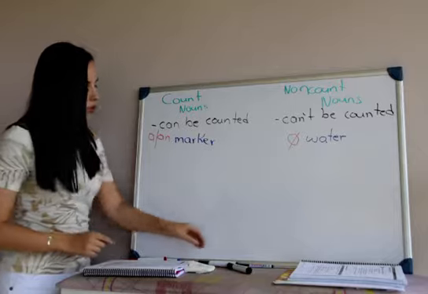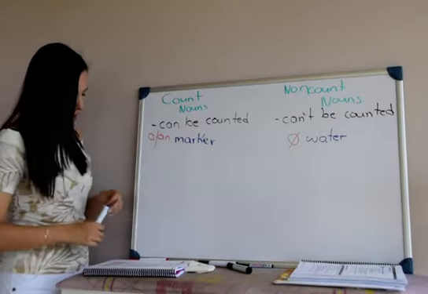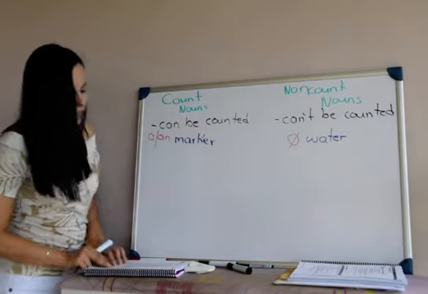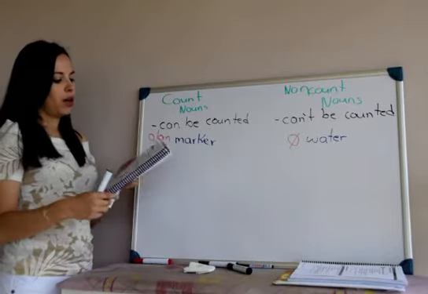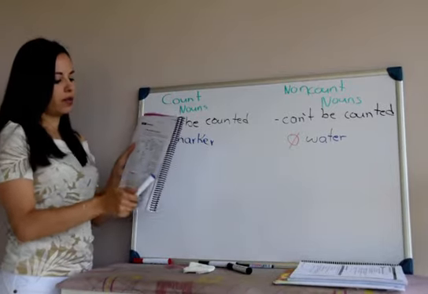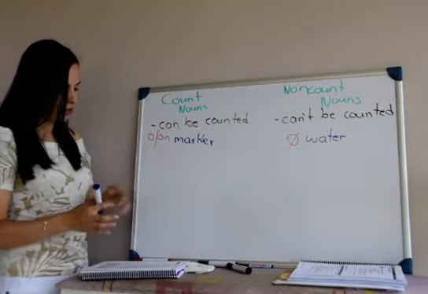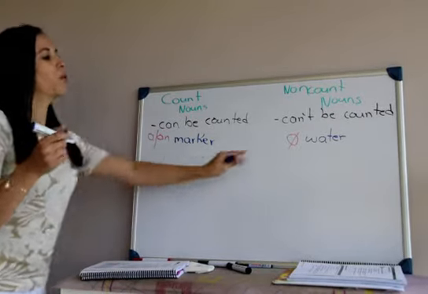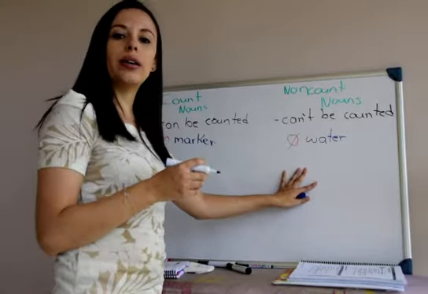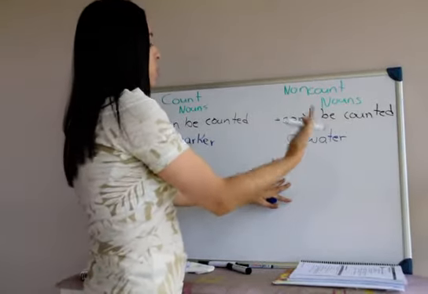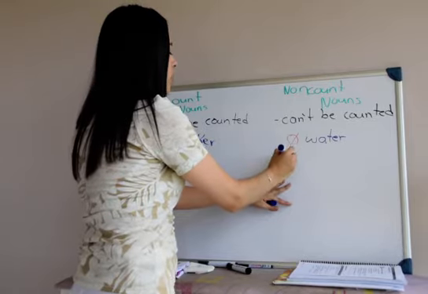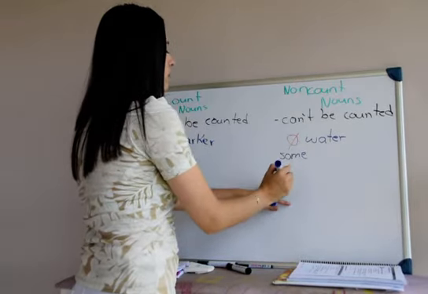What we can use are the quantifiers. In your book, on page 81, you have a chart with the count and non-count nouns and also quantifiers. You can go to check them and see this information. So, with the non-count nouns, what we can use are quantifiers. Which words are quantifiers? Words like some.